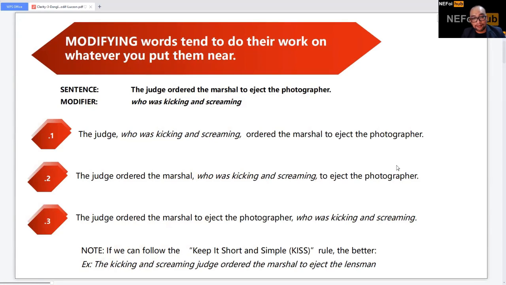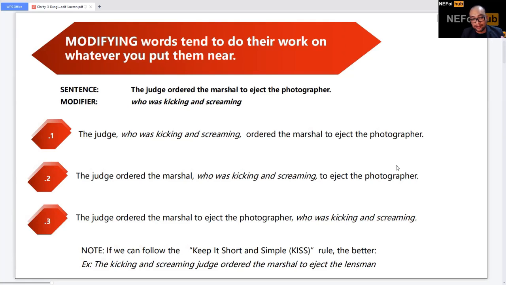For example, the original sentence is: the judge ordered the marshal to eject the photographer. If we put a modifier, which is a term, who was kicking and screaming, it can modify subjects, or what we call nouns, in the sentence structure.